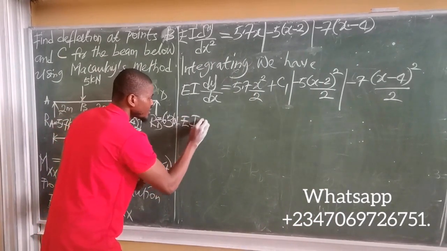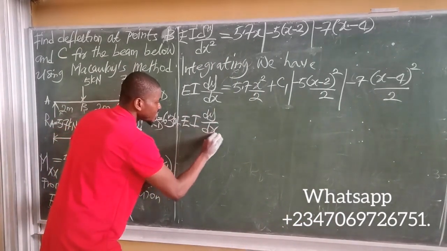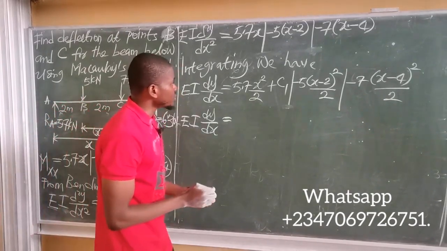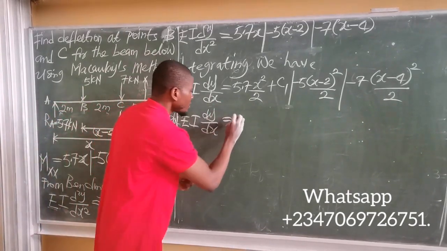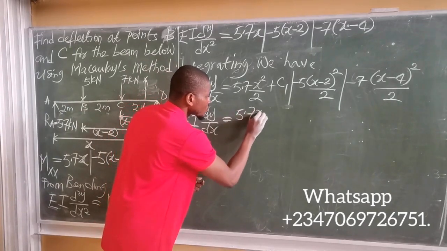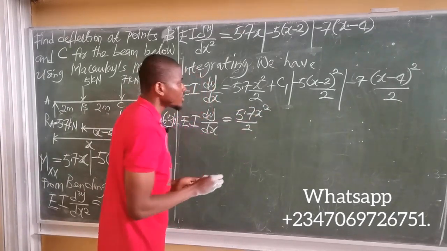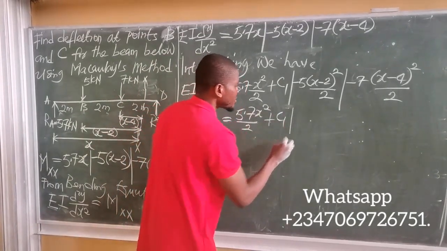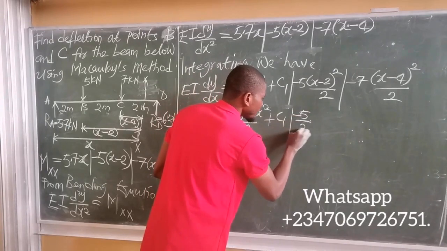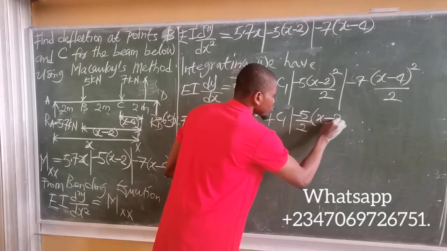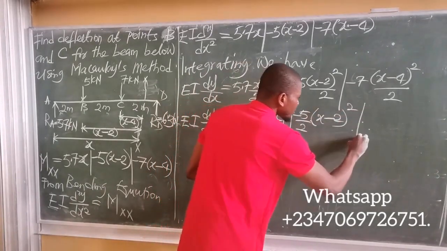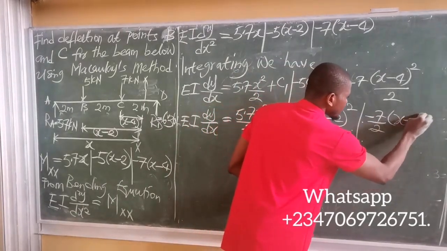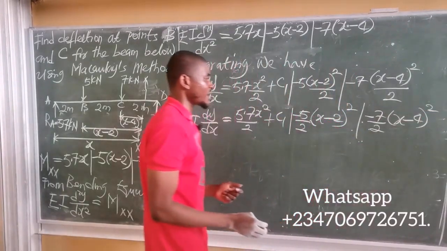This becomes EI dy over dx equal to 5.7x squared all over 2, plus C1 into, this can also give me minus 5 over 2 into x minus 2 all squared, minus 7 over 2 into x minus 4 all squared. So I can have this.